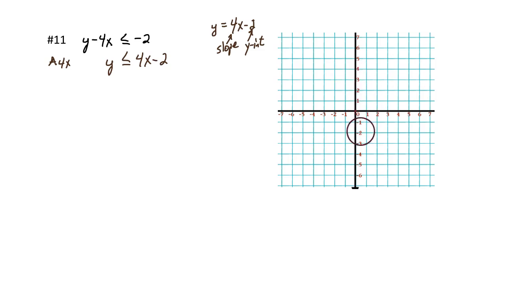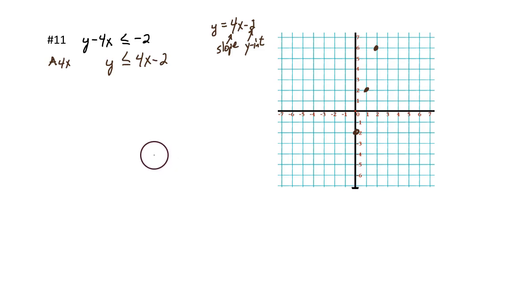So it touches the y-axis at -2, and it has a slope of 4. That's a rise of 4, run of 1. 1, 2, 3, 4, run 1 to the right. We could do this again for more accuracy. 1, 2, 3, 4, and run 1 to the right.